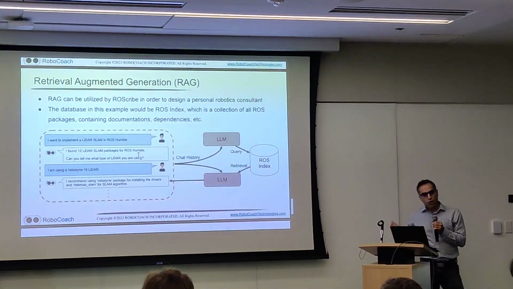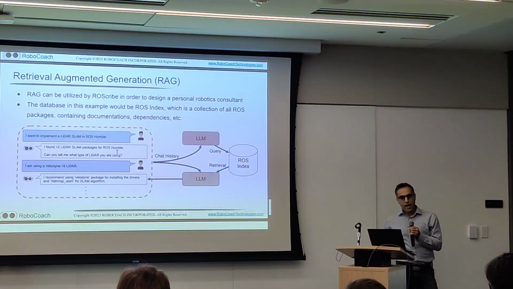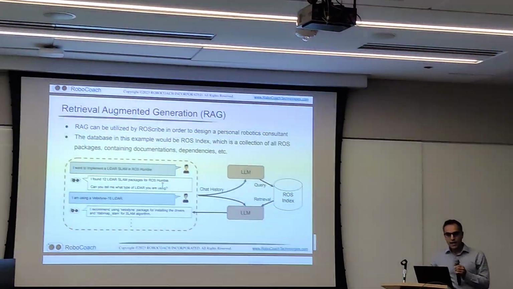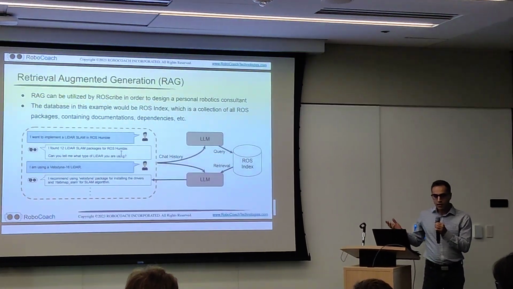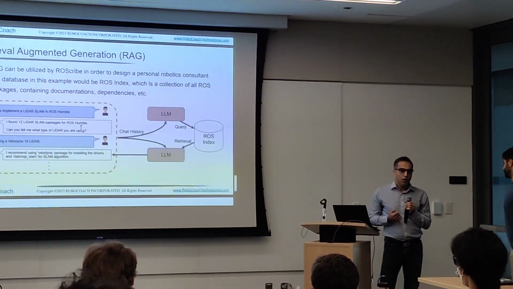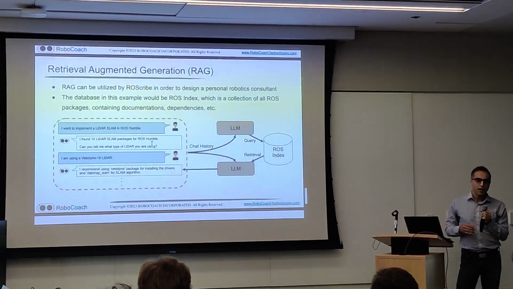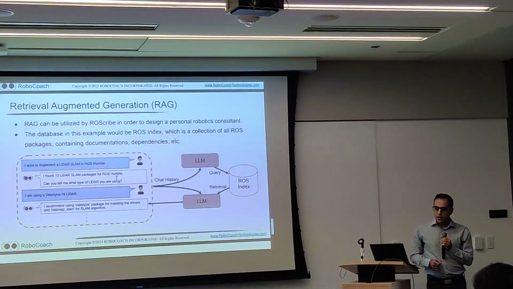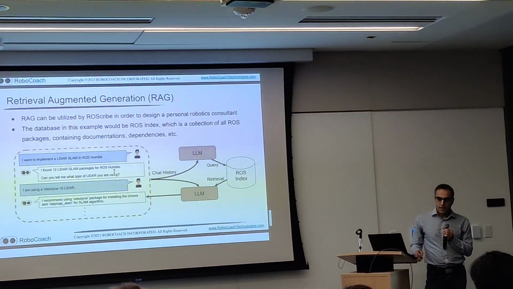Then we query the database and see what is the best match that we can find. You can even ask questions on what features it has. So basically, we are turning the LLM into a robotics expert. It's like you're talking to an expert who knows everything, all the code written in ROS index. So you can ask what the best solutions available for this purpose are.